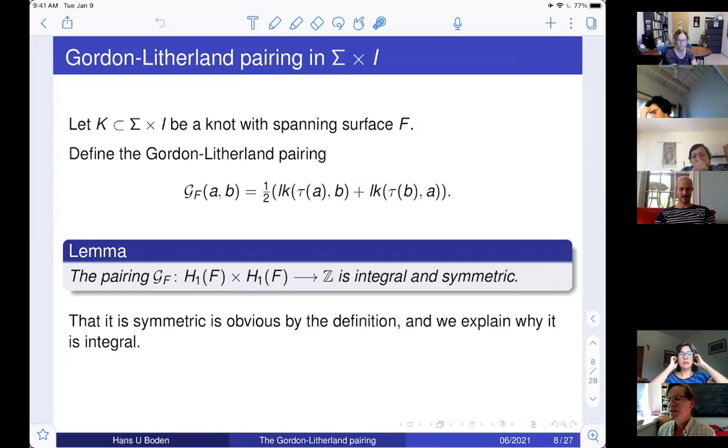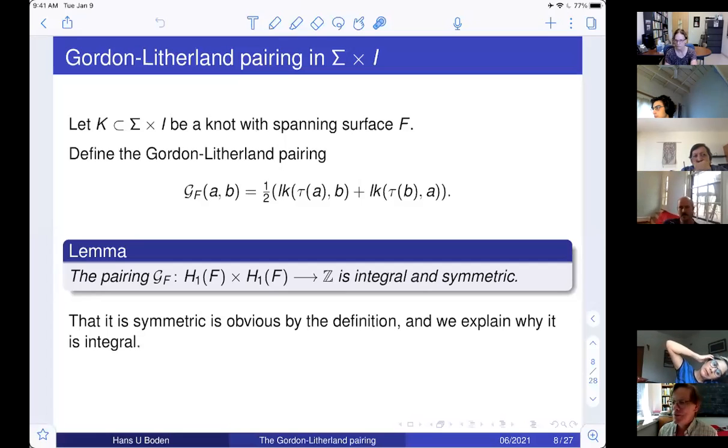If I interchange A and B, I get the same exact quantity. What isn't exactly clear is that it's also an integer valued quantity. So dividing by 2 is a benign thing here. The things that I'm dividing by 2 are always multiples of 2. So this is integer valued.